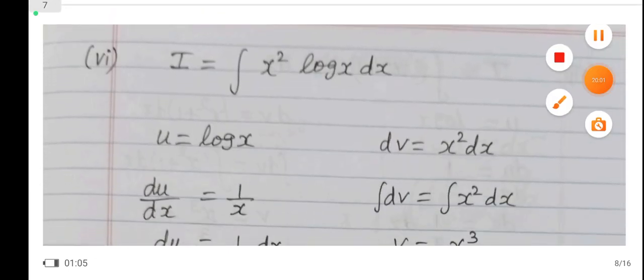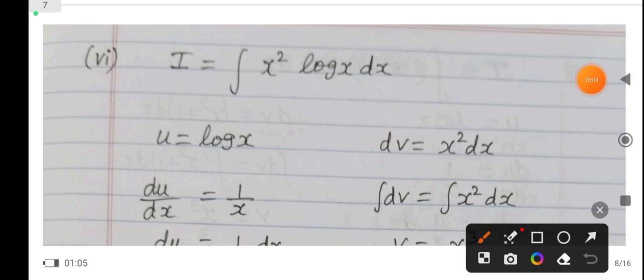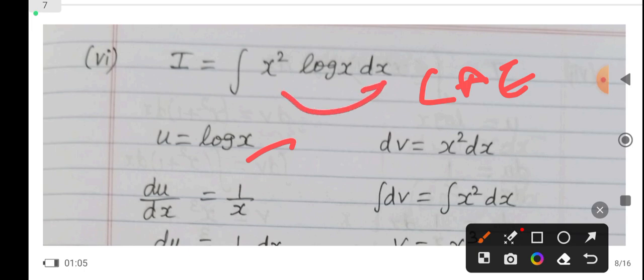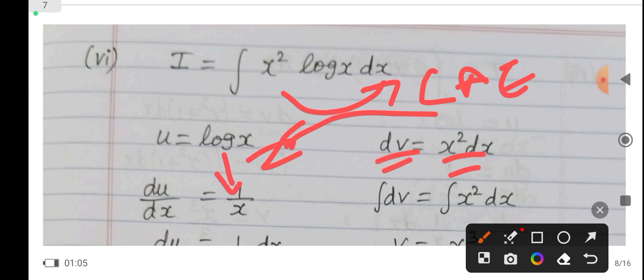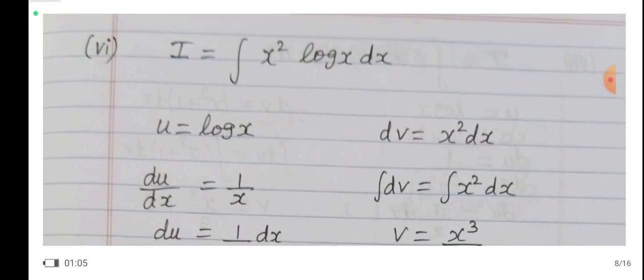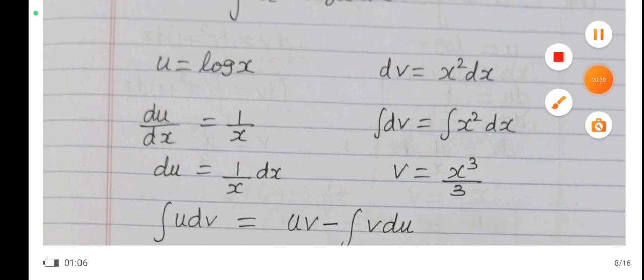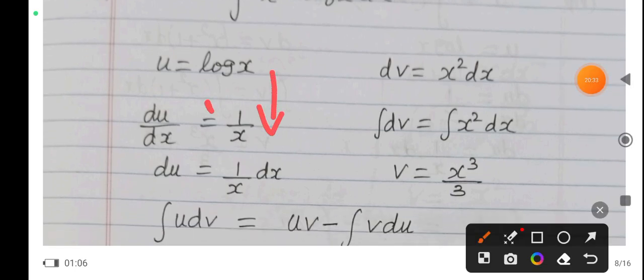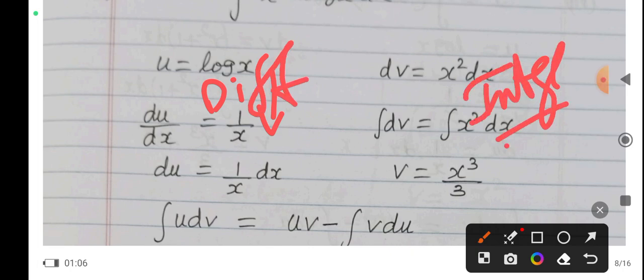Then sixth subdivision, integral x square log x dx. Again LAE, log only we have considered as u. Then dv we wanted to consider as x square, because logarithm comes first. So differentiating log x, du by dx with respect to x, log x differentiation is 1 by x. dv we have to integrate here. Make sure, u side you're going to differentiate and v side you're going to integrate, remember.